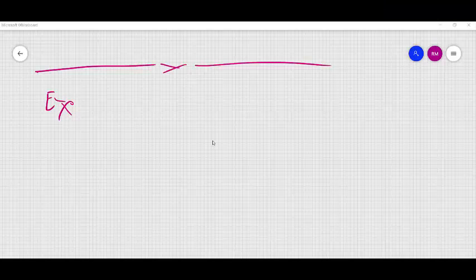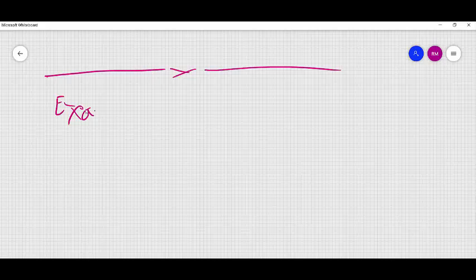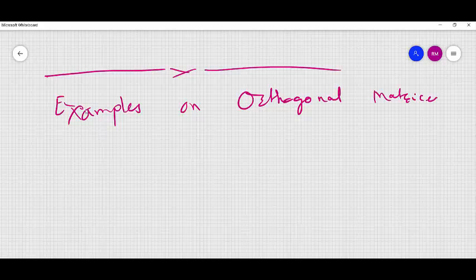We will take some problems on orthogonal matrices. Examples on orthogonal matrices.